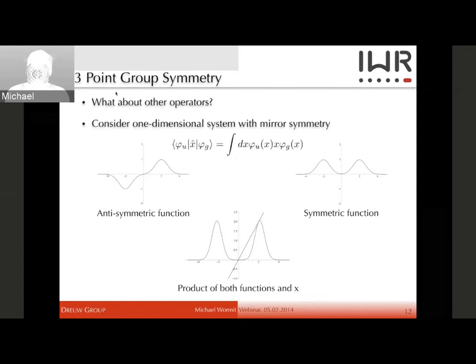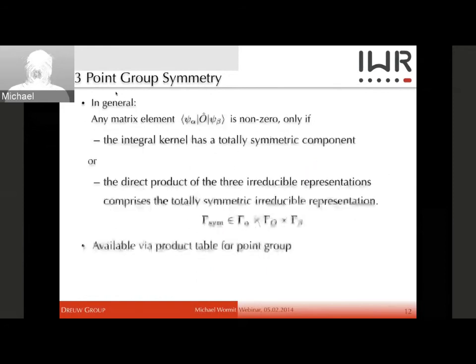You look at the integral you have to evaluate and see what is the direct product of the irreducible representations of the objects which are contributing to this integral or matrix element.